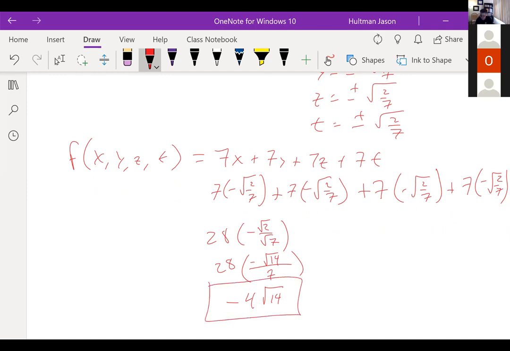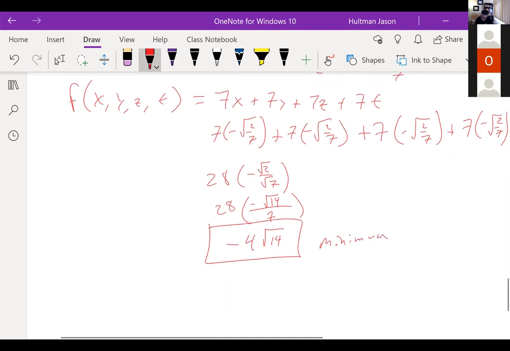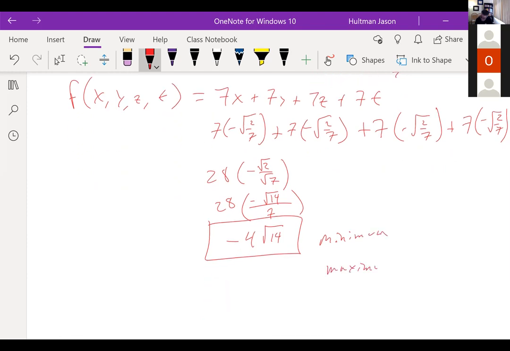Okay, I see where I went wrong. Thank you. What would the maximum be? Should be really easy to tell, right? It'll be the positive. Yeah. Exactly.